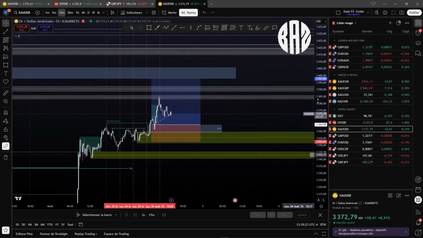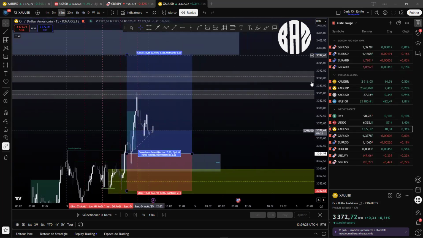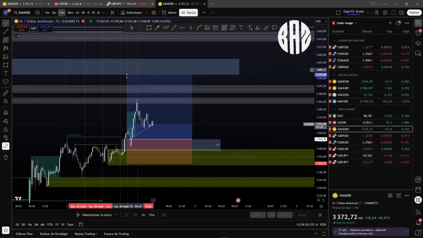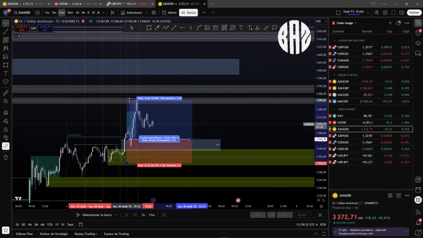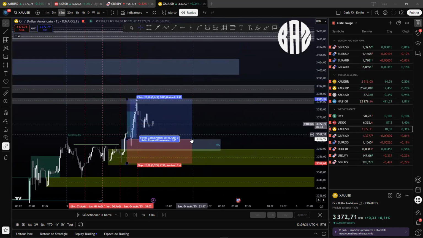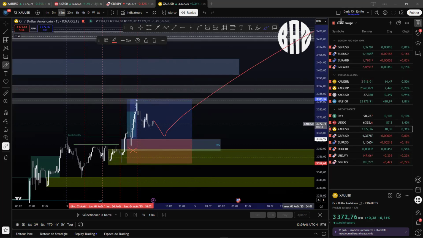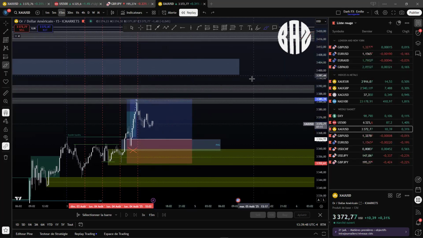Because when price came here, touched this breaker block, it went straight back down. I don't think price will return lower than this level, but even if price comes back and touches this, we are targeting this fair value gap here.